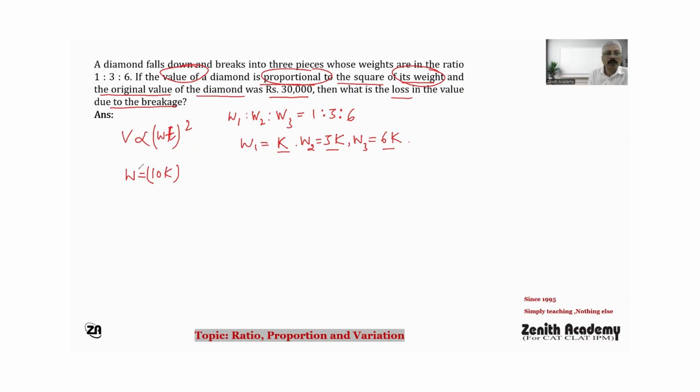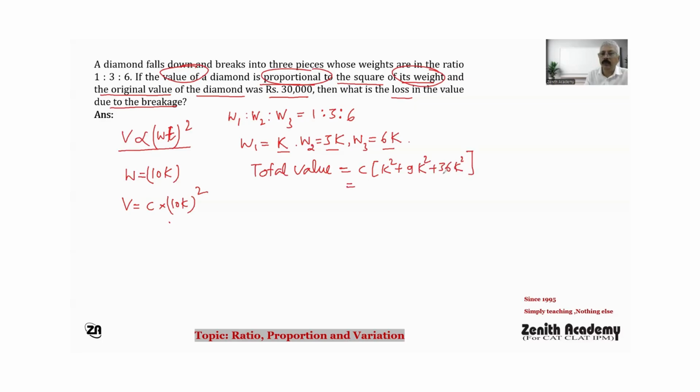So look here, the value of the original diamond as per this relation is, suppose, constant C into 10K square. And the total value of these pieces will be C K square, 9C K square, and 36C K square.